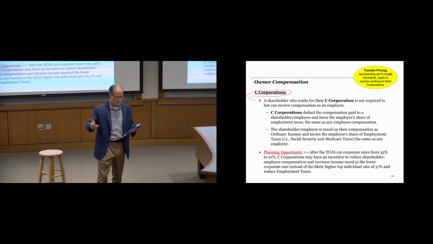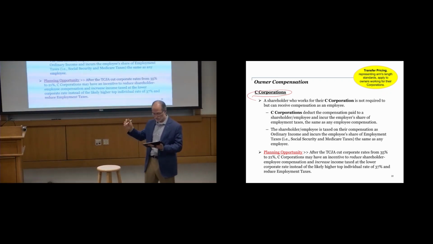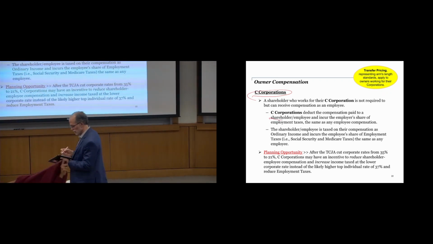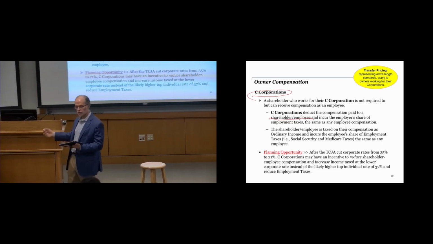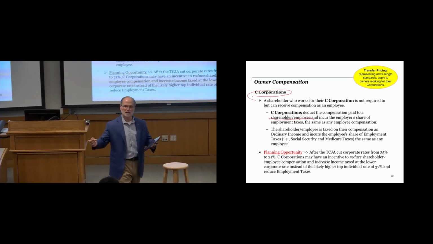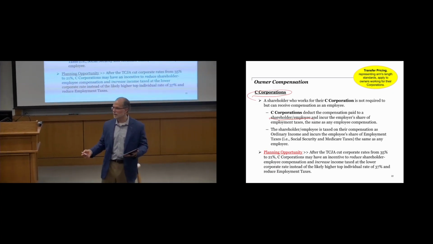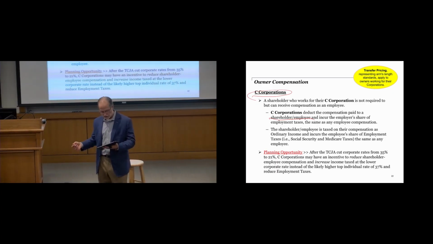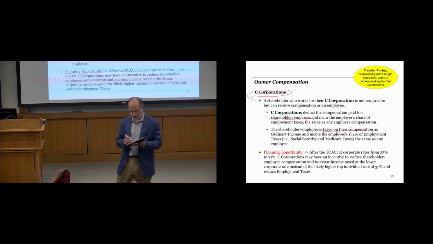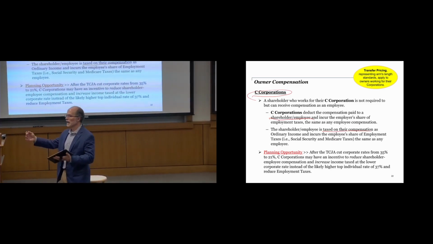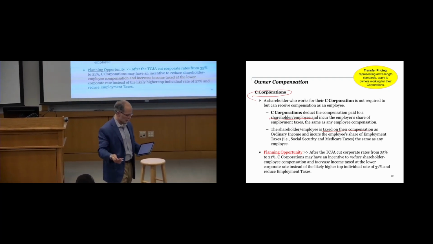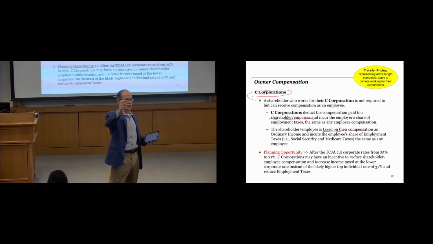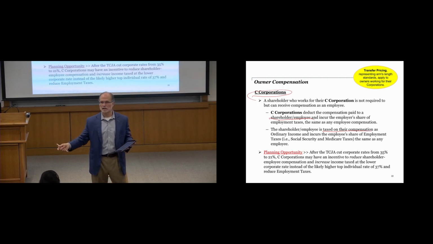Okay. C corporations deduct their compensation paid to a shareholder employee, and incur the employer's share of employment taxes, same as any other employee compensation. The shareholder employee is taxed on their compensation as ordinary income and incurs the employee's share of employment taxes, which is Social Security and Medicare, same as any other employee.